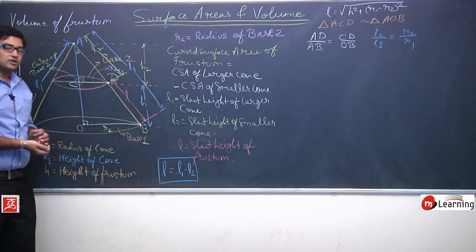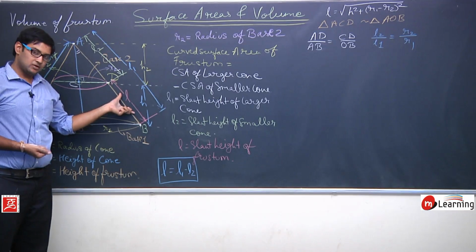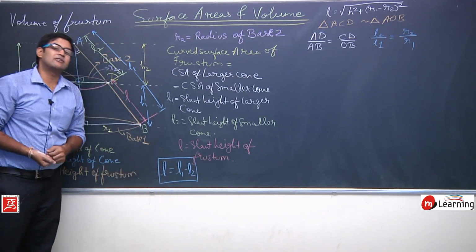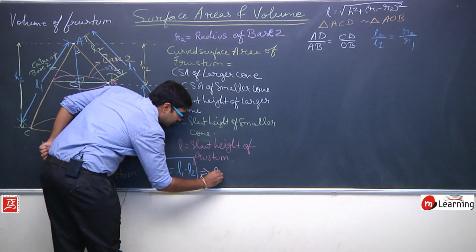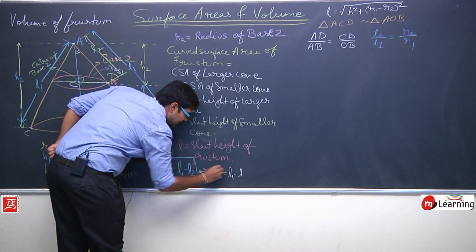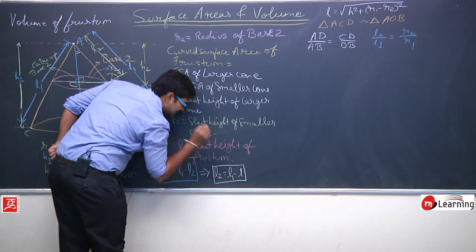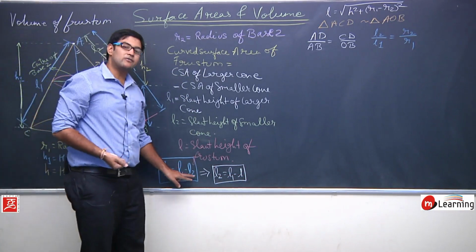If I subtract this L2 from this L1, I will get L. So L is equals to L1 minus L2, and from this I can get the value of L2 as L1 minus L. This is simply the value of L2.